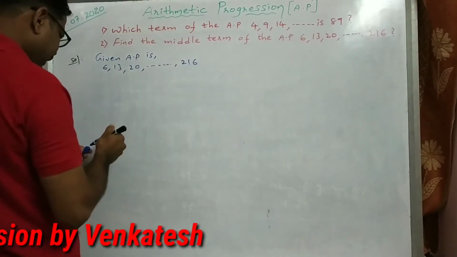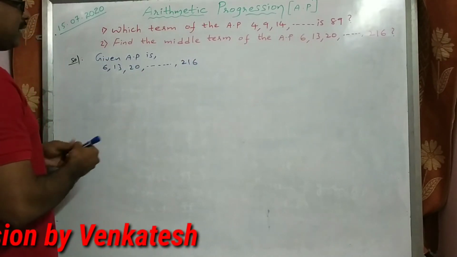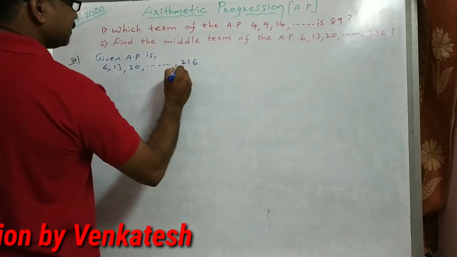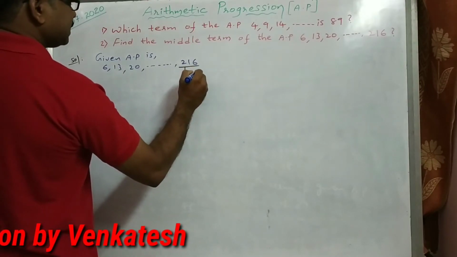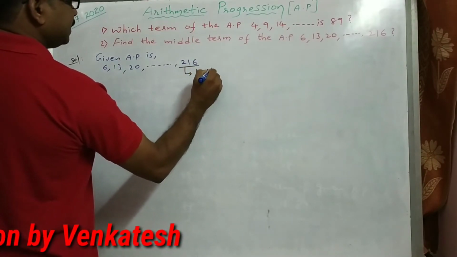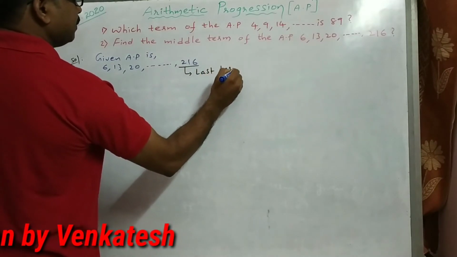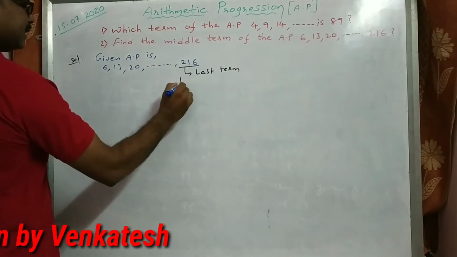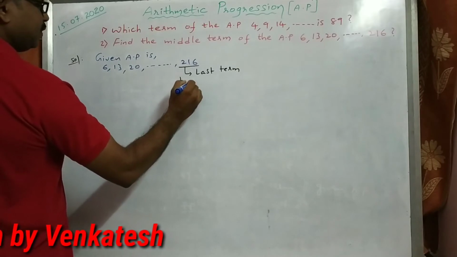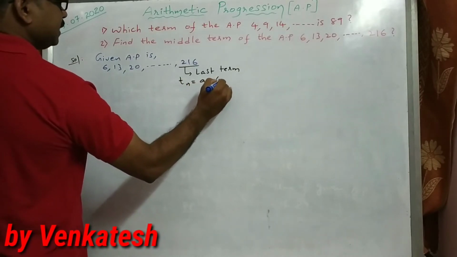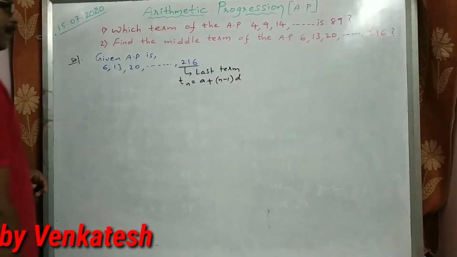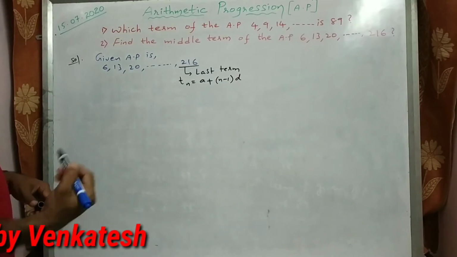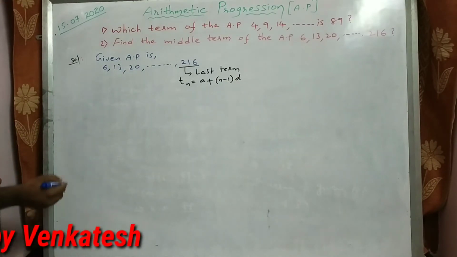So already I told you, what is the last term here? 216. This is called the last term or nth term. Remember always, what is the nth term? Tn equal to A plus n minus 1 into D. That is called the general term, nth term or last term.